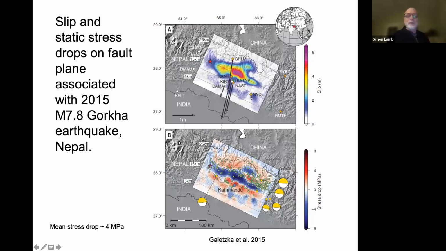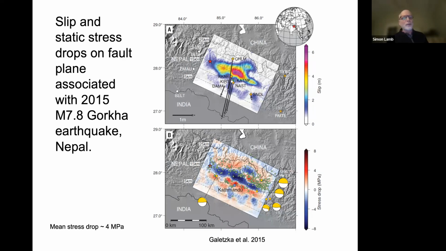And you can calculate these stress drops, and they're called static stress drops, just from the slip on the fault. So if you use techniques to work out what the slip on the fault is, you can use seismic techniques or geodetic techniques if you've got a GPS network in the vicinity of the fault, and then you can convert that slip using the physics of elasticity into a stress change that would have occurred on the fault.